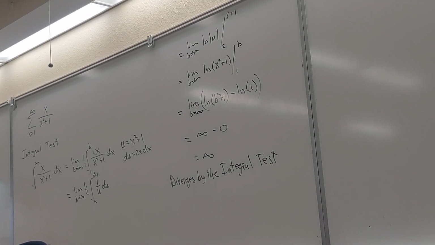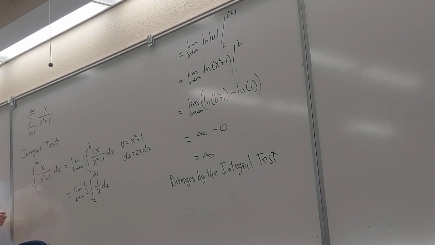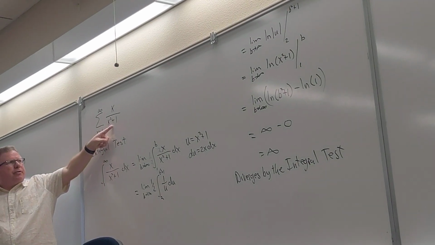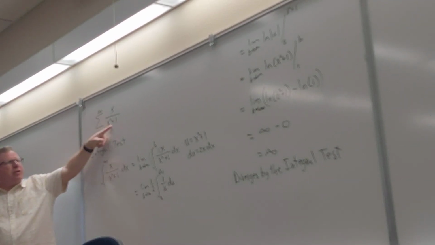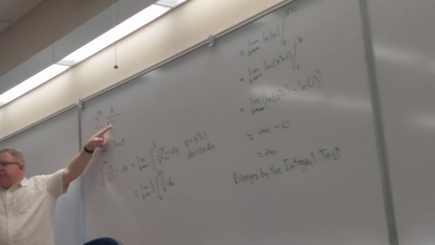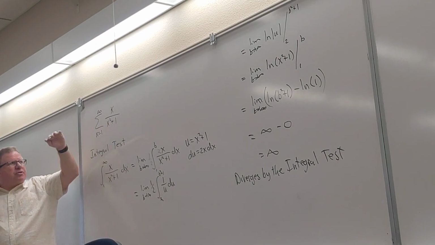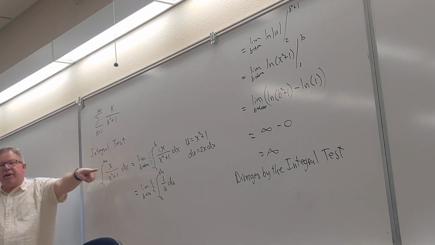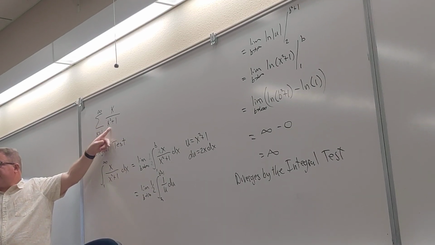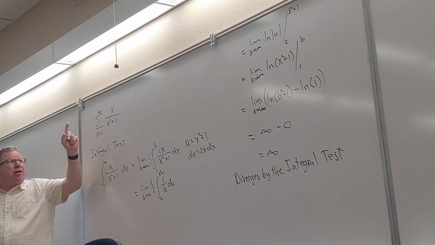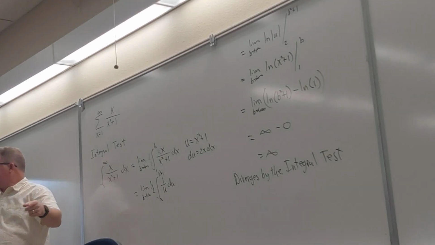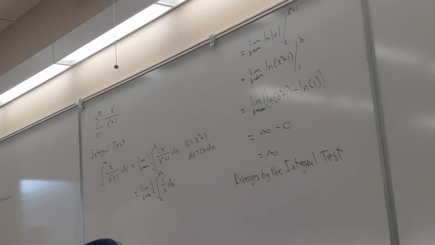So the integral test says that if the definite integral of this expression from 1 to infinity diverges, then so does the sum. If that converged to a finite number, then the sum would also converge. But that does not mean the sum equals that number we get from the integral. They're not the same. What happened to the 1/2?